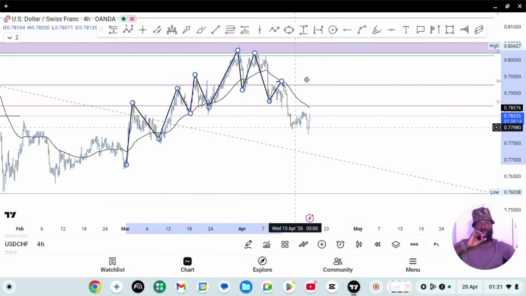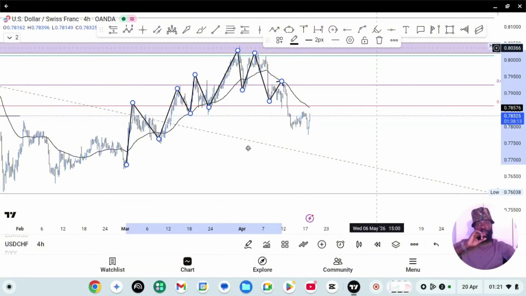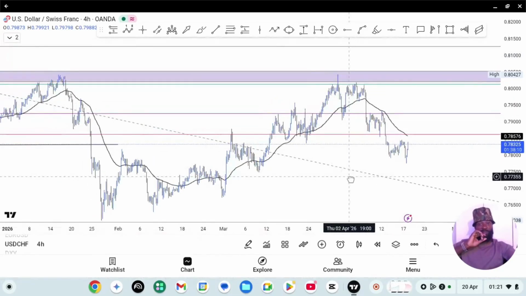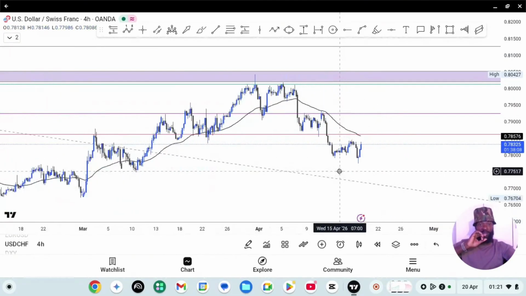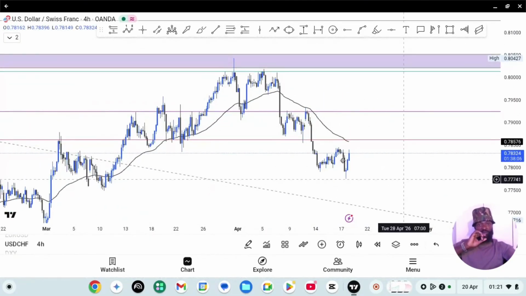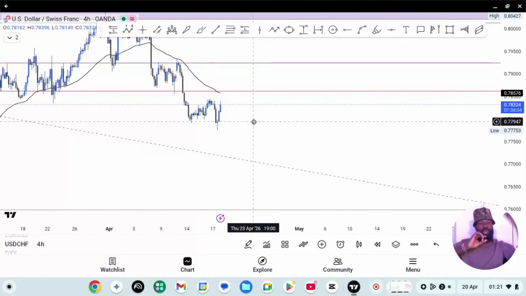It's very clear. Now on the 4 hours time frame is also a clear downtrend. On the weekly is a downtrend, on the daily is also a downtrend, and on the 4 hours is also giving us a very clear downtrend.